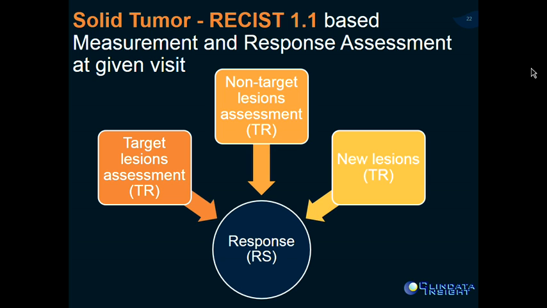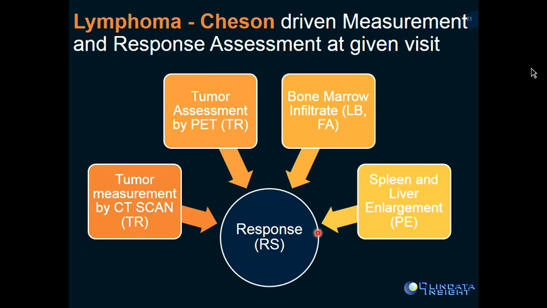Solid tumor, which follows RECIST 1.1, collects target lesions, non-target lesions, and new lesions. Then using all 3 pieces of information, the investigator or clinician determines the response for the patient at the given visit. The lymphoma study following Cheson collects tumor measurement by CT scan and tumor assessment by PET scan.